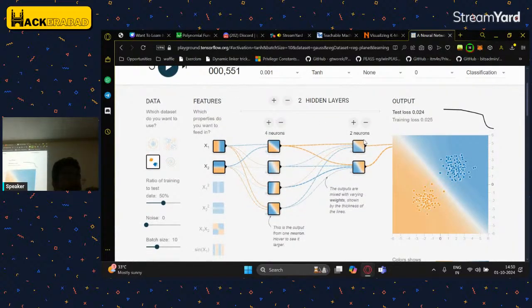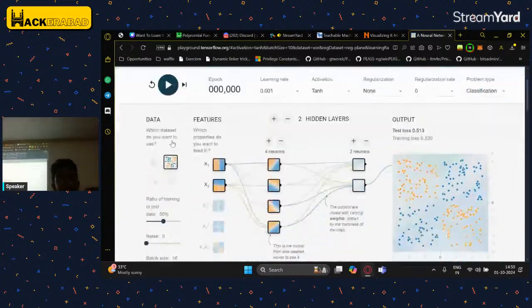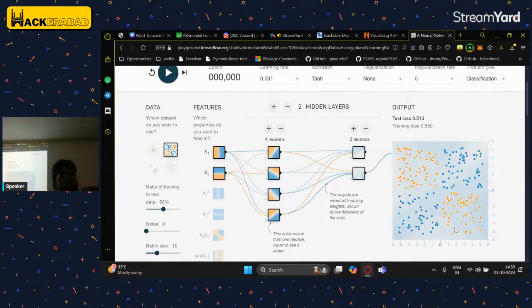What if our data has two classes, but they are not that easily separable? Something like this. We can't separate it with a single line, right? Can we? Yes or no?